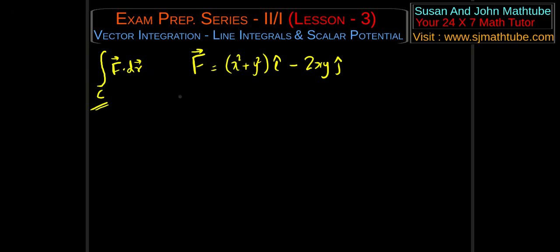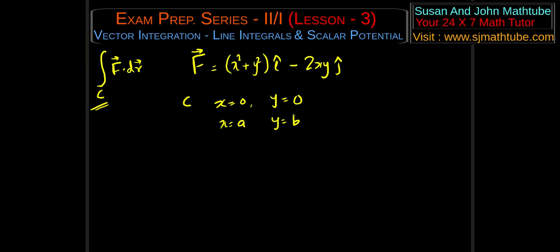The path is given to be a rectangle in the xy plane, given by x equal to 0, y equal to 0, x equal to a, y equal to b, where a and b are positive.